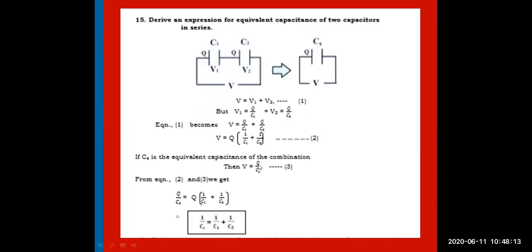Then V will be equal to Q divided by Cs. From equations 2 and 3, Q by Cs will be equal to Q into 1 by C1 plus 1 by C2. Cancelling the common term Q on both the sides, 1 by Cs will be equal to 1 by C1 plus 1 by C2. I want you to write this down in your notes. Expression for two capacitors connected in series.